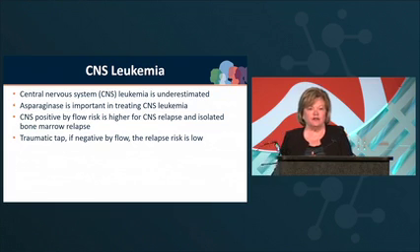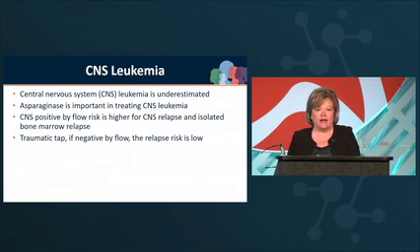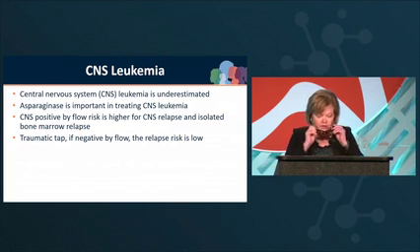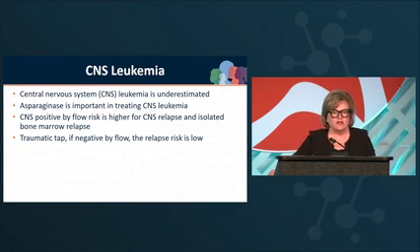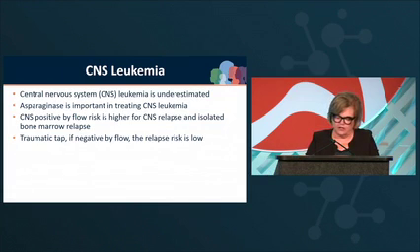We would be very concerned if we had a traumatic tap, and if that had blasts, we would consider that patient CNS positive. But now, if you did flow cytometry and the flow is negative, that patient would be considered at a low risk of CNS relapse. So it's not as significant should the patient be negative by flow.